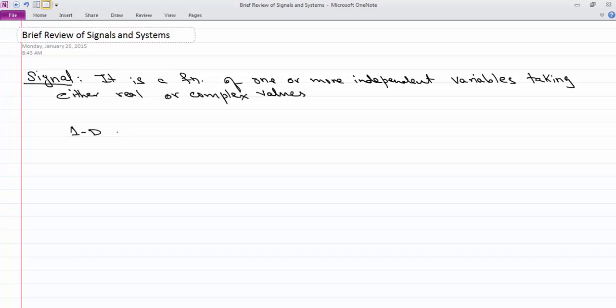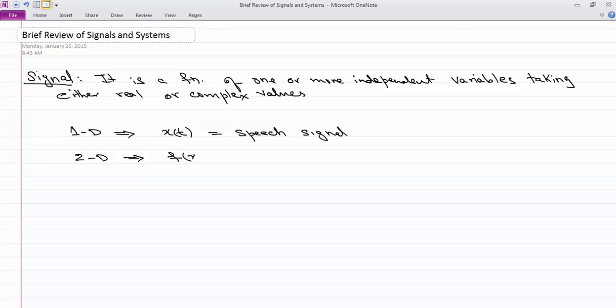Typically we write it as x of t or s of t or x of whatever. So a common example is speech signal. It's a signal which is varying with time, just one dimension. There are examples of 2D signals.